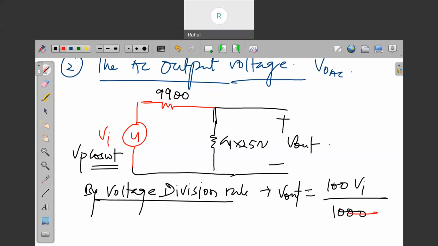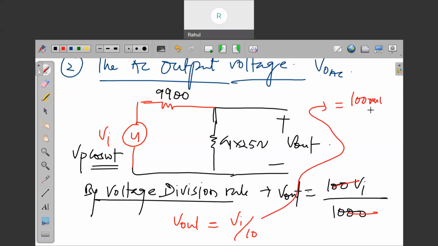It will be V out equal to Vi by 10. Now you can plug back the Vi. Vi is 100 millivolt, so 100 millivolt cos omega t upon 10. This gets cancelled, and this is 10 millivolt cos omega t, right?